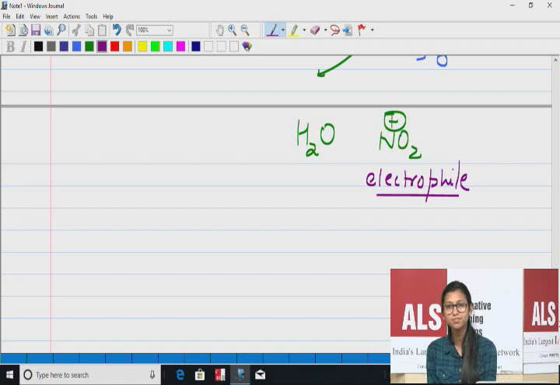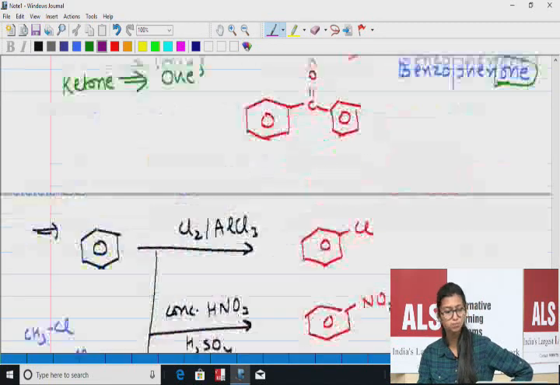I hope you people have written it. Again, once you go home, just look at the mechanism again. And if you find any kind of difficulty, just post it in the group. I will explain there again, okay? Or I will share some notes over there. Is it okay? So we have completed one complete mechanism.